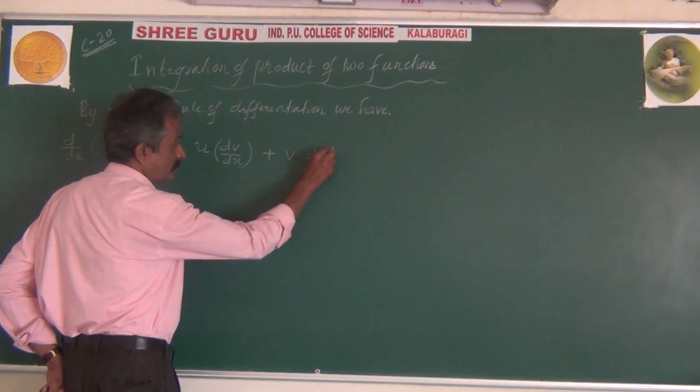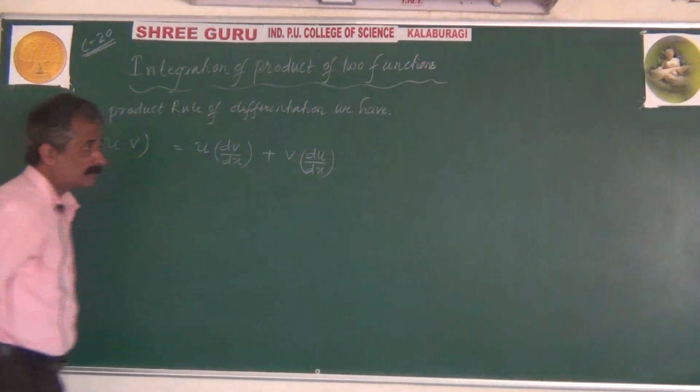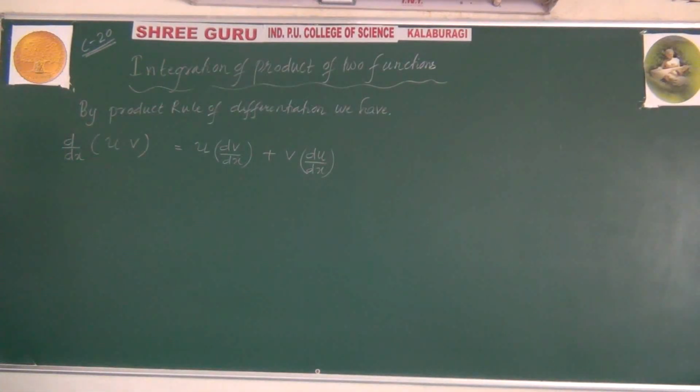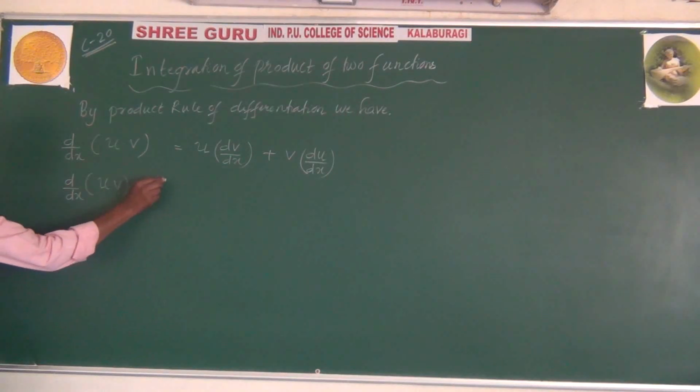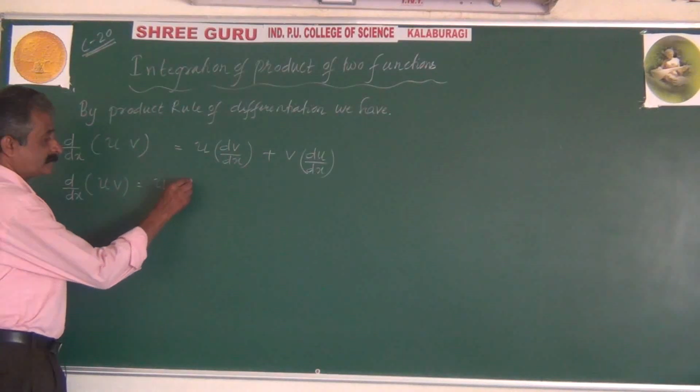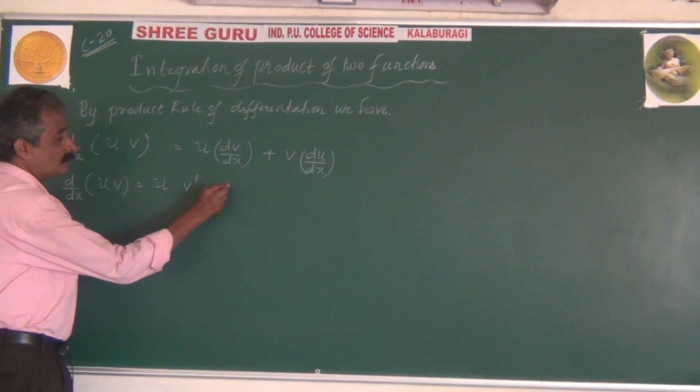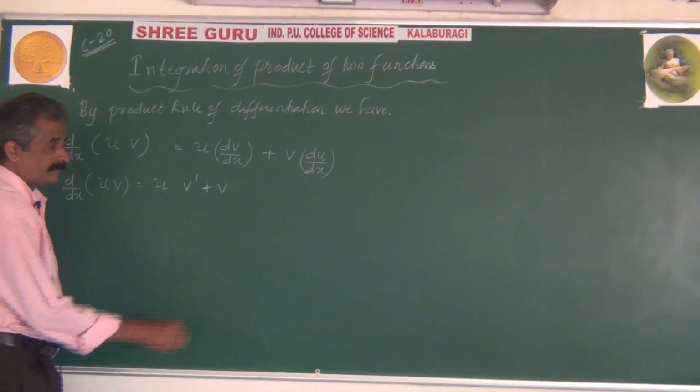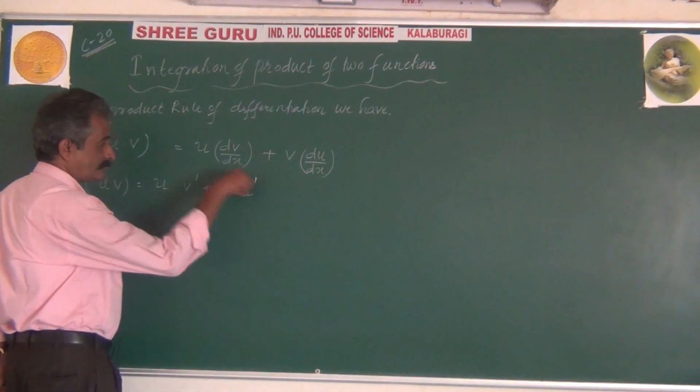This is what we know, that product rule of differentiation. The same formula we can also write as d by dx of uv equals u into v dash, for dv by dx we write v dash, plus v into u dash, for du by dx we write u dash.